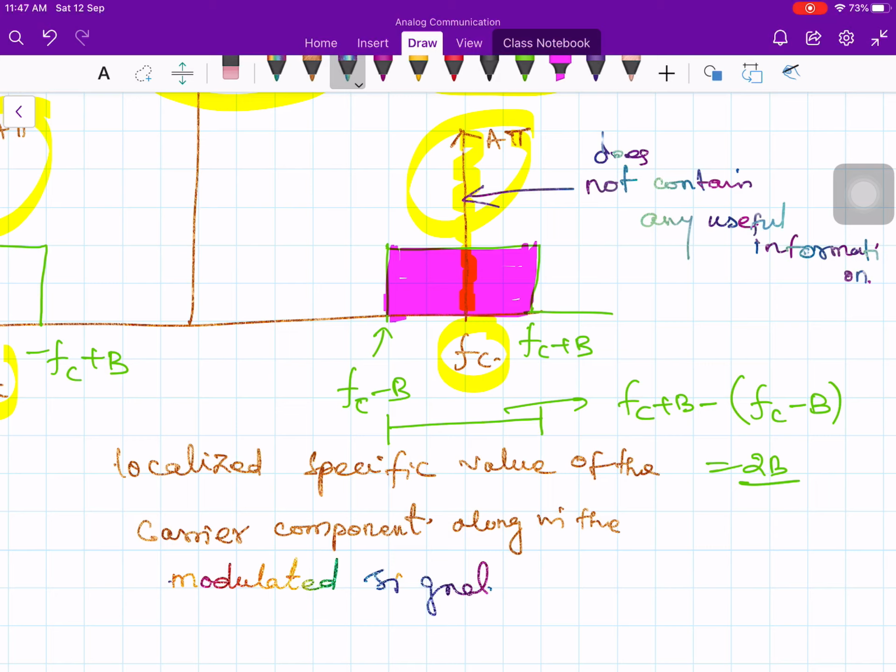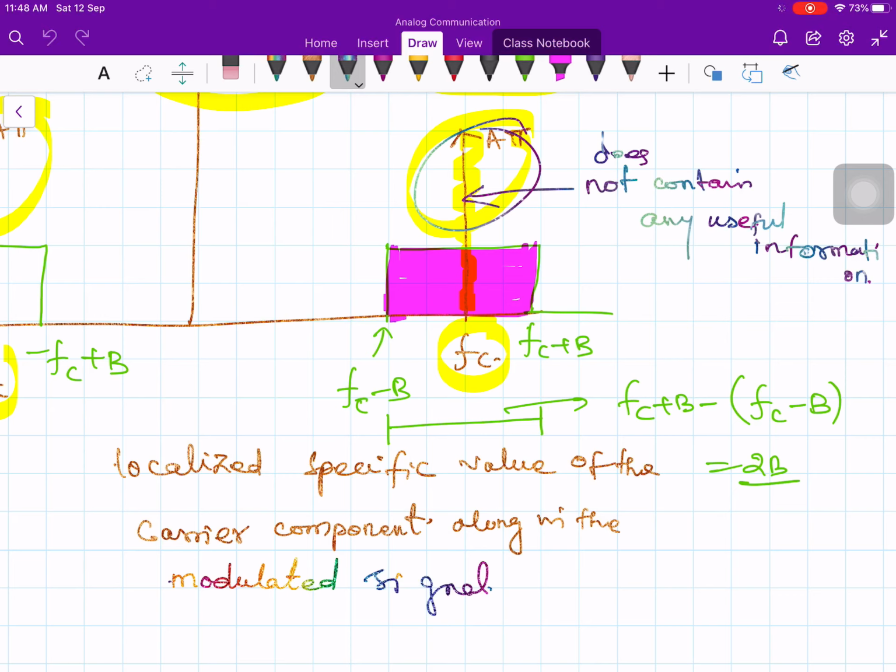The carrier doesn't transmit the information. So the purpose of transmitting the carrier component is not to transmit information, but it simplifies the receiver complexity. In that sense, the spectral component that we are transmitting is a waste of power from that point of view.